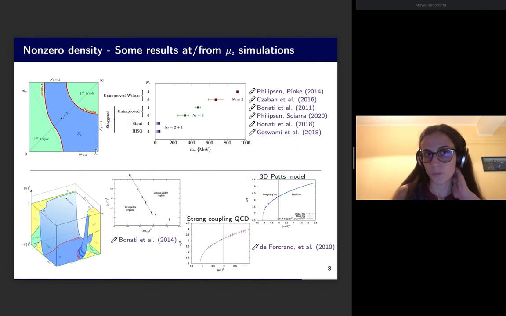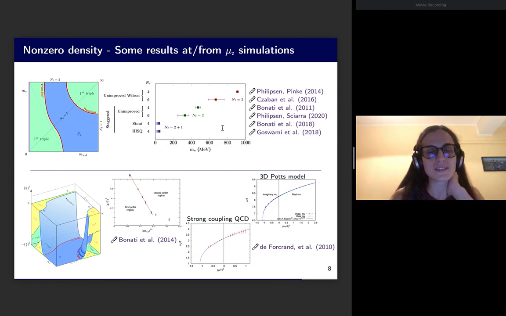So I would want to just finish by showing you some of these results that I mentioned. For example, in the top half of this slide, I have results that relate to this Roberge-Weiss-Columbia plot, but more specifically to this tricritical point over here and a tricritical point at the height of the physical point in this direction.